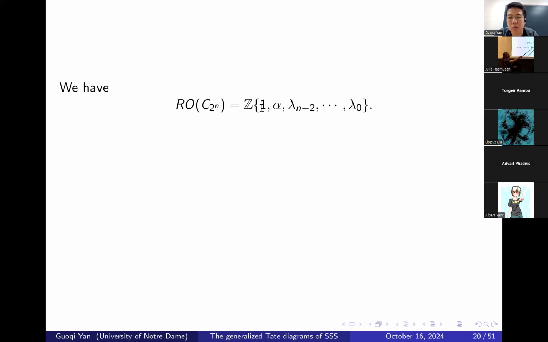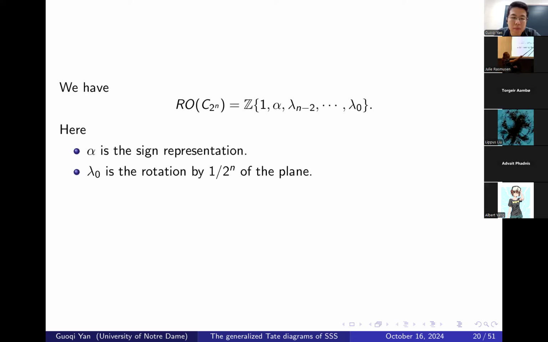One is the trivial one-dimensional representation over R, and alpha is the sign representation, which is also one-dimensional. And lambda 0 is rotation by 1 over 2^n of the plane. So it's a rotation of the biggest order. And all the other lambda i's are tensor powers of lambda 0, so they are rotations of smaller order.